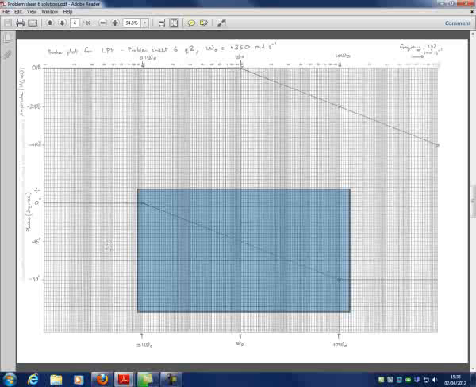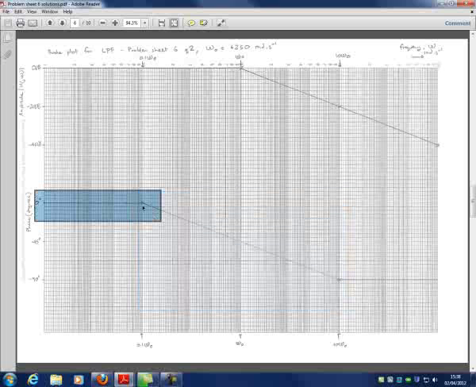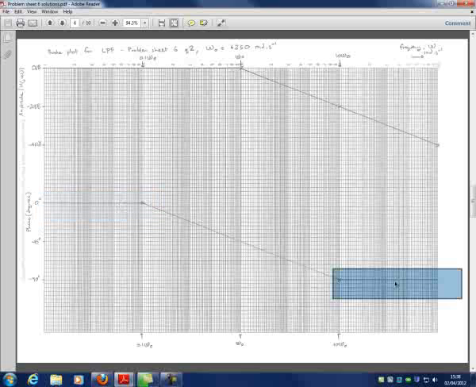The next part, just to finish this off, I need to join up from the low frequency phase shift straight back to the edge of the graph, so that represents the low frequency phase shift, and at this end I need to go from the high frequency phase shift and extend that line forwards, so that's the high frequency shift.